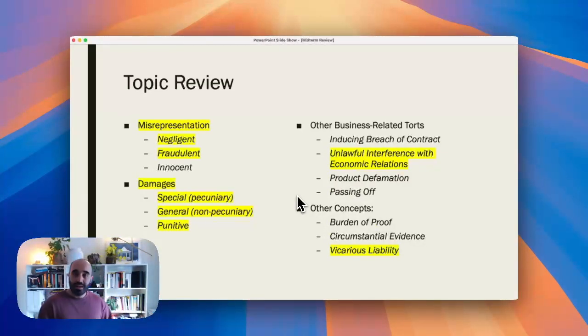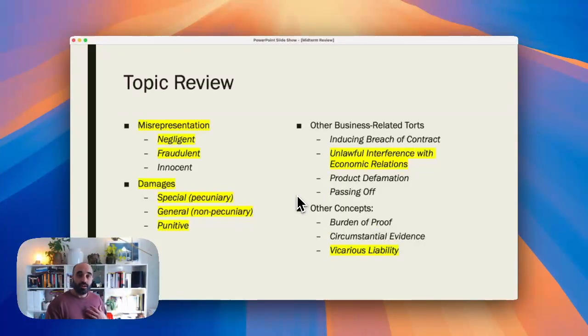We then talked about the damages to all torts, which I've already walked through when I went through damages and negligence. It's the same analysis, the three different types. We then talked about other business-related torts. Two of them require three parties, which is inducing breach of contract. That's when the third party knows about a contract, creates incentives or inducements for a party to breach it. That party now becomes liable for that breach.